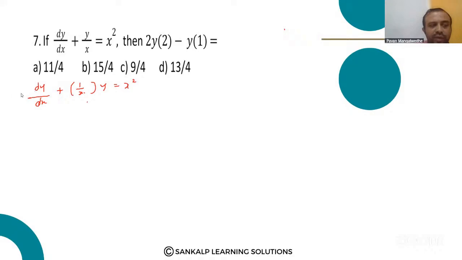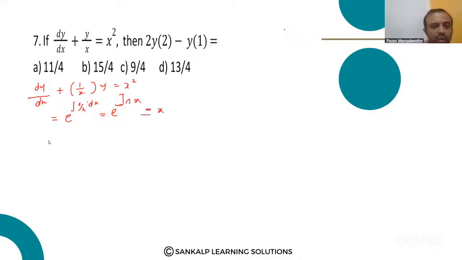Now the integrating factor, as you know from the previous question, is e raised to the integration of 1 by x dx, which is equal to e raised to the integration of x, which is equal to x.